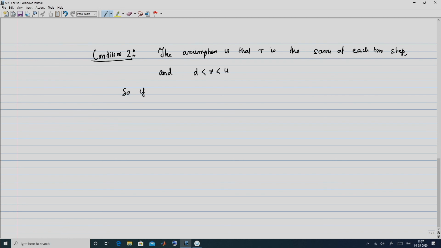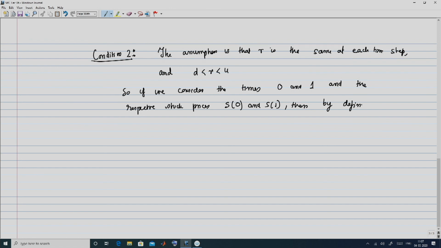So, if we consider the times say 0 and 1 and the respective stock prices S0 and S1, then by definition, what will we get?